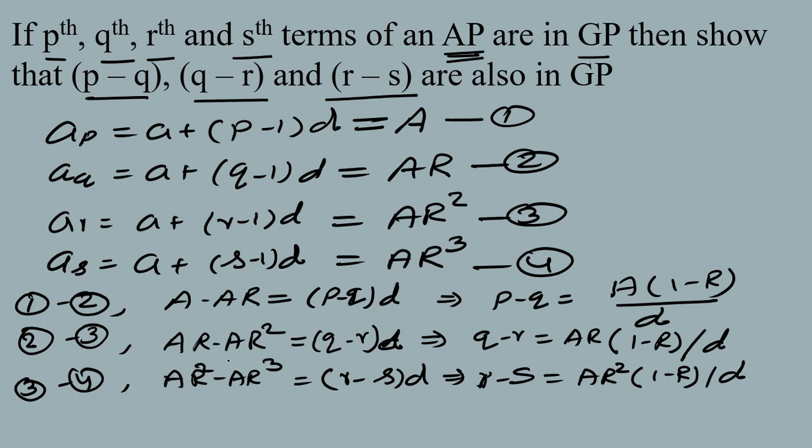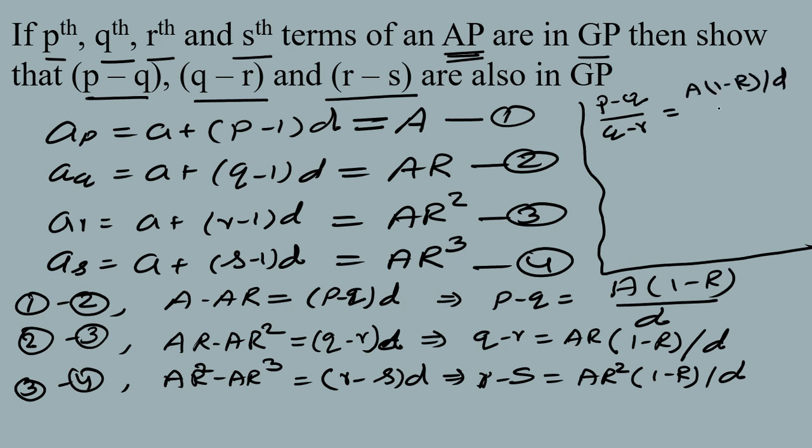Okay, I will write here. This is P minus Q over Q minus R, and you will get A times (1 minus R) over D divided by AR times (1 minus R) over D.